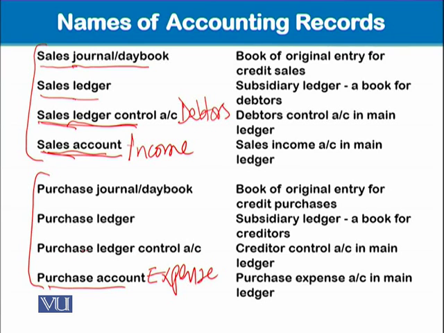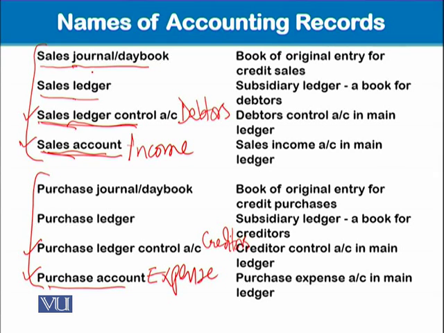And this purchase ledger control account is the same creditors account, which we in fact see in the trial balance. So these two accounts we can trace in the trial balance.